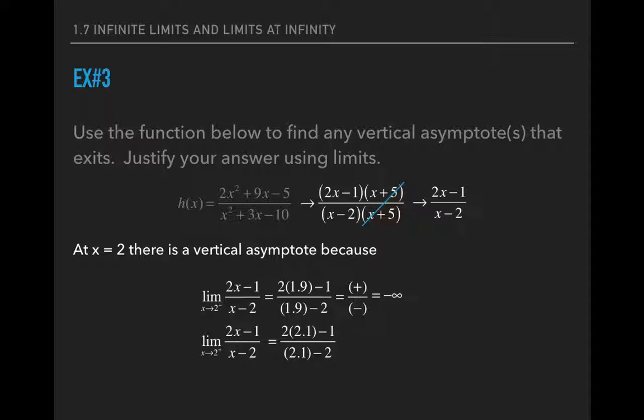And in the numerator, it'll still be positive, and in the denominator as well, which means we have another infinite limit. This is our justification because we were just explained that a vertical asymptote occurs if from the right or from the left you have an infinite limit, and we sure enough do.